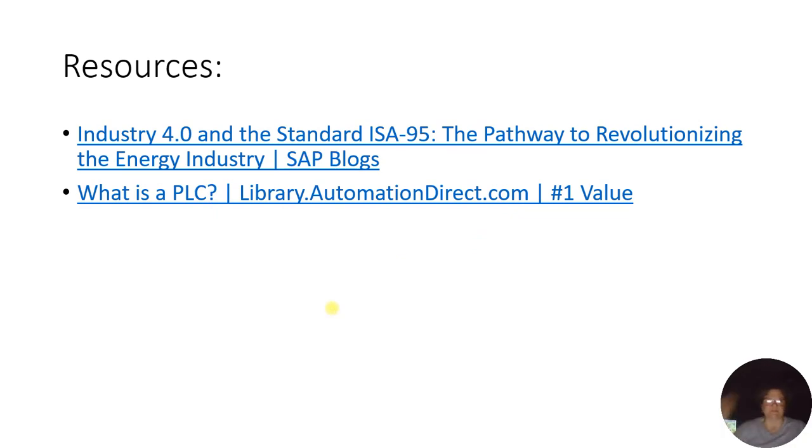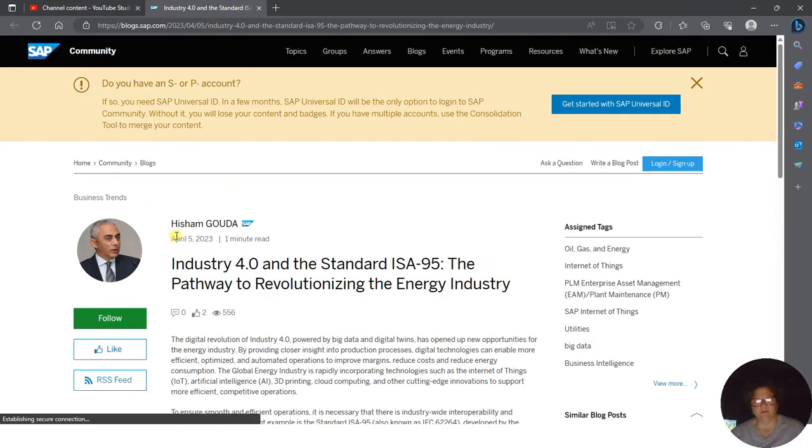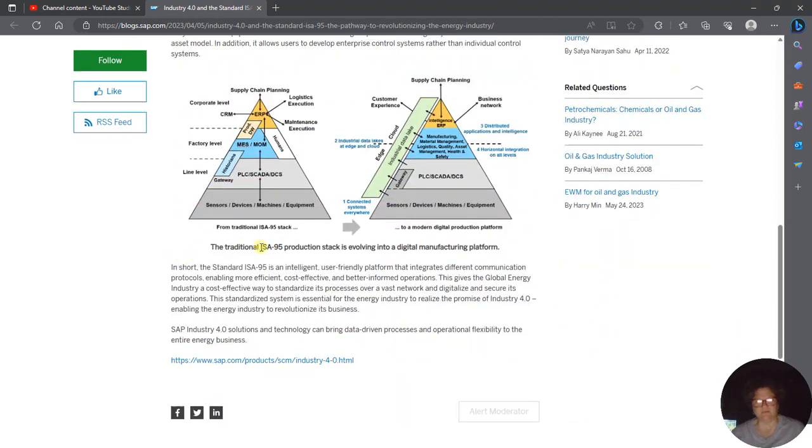So some resources: Industrial 4.0 standard ISA95, pathway to revolutionizing the energy industry through SAP. And this is where that diagram came from, and it's a good representation of how edge and cloud and this factory level demarcation point for IT-OT has been changing.